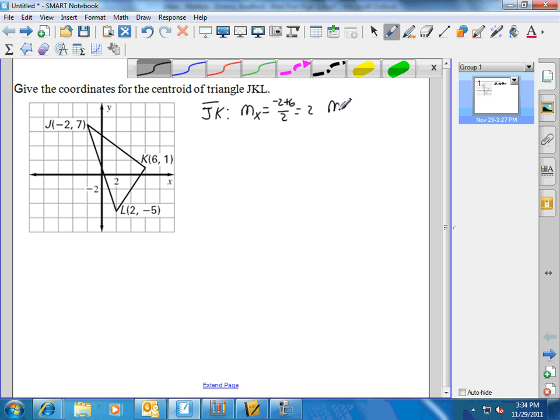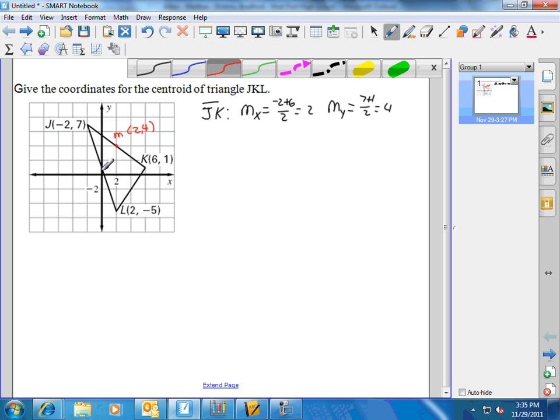And the y-coordinate of the midpoint is going to be 7 plus 1, the sum of the y-coordinates of the endpoints divided by 2. So that's 8 divided by 2, which is 4. Okay, so I'm going to call that point M, and that point is at 2, 4.